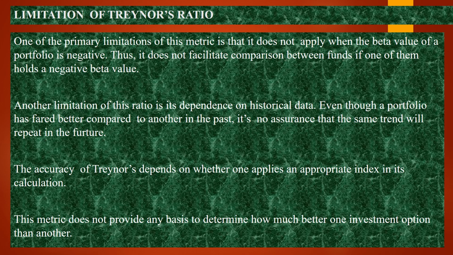The accuracy of Treynor's ratio depends on whether one applies an appropriate index in its calculations. This metric does not provide any basis to determine how much better one investment option is than another. So these are the limitations of Treynor's ratio.